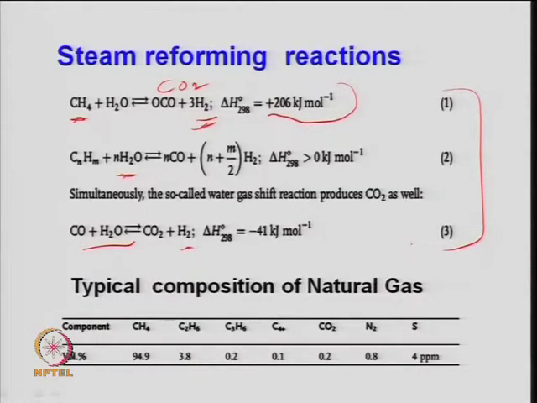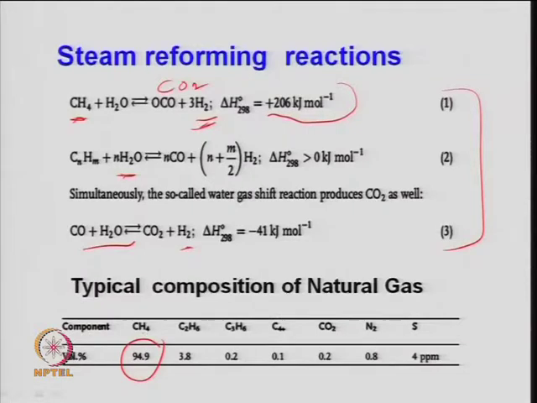So, the typical composition of natural gas, because it is available in plenty nowadays and transported through the pipeline. So, this has become one of the reasonably good sources of hydrogen production, right. So, roughly it contains more than 90% methane, which is mainly methane, right, but besides methane, it can be the wet gas, something like that.